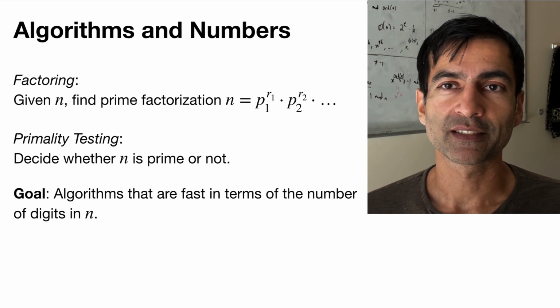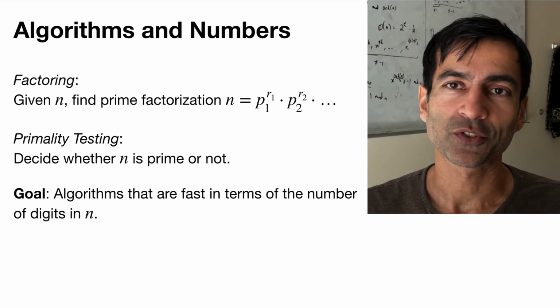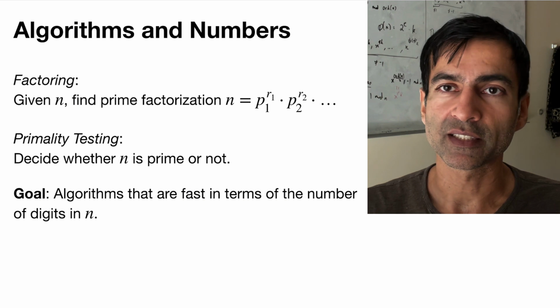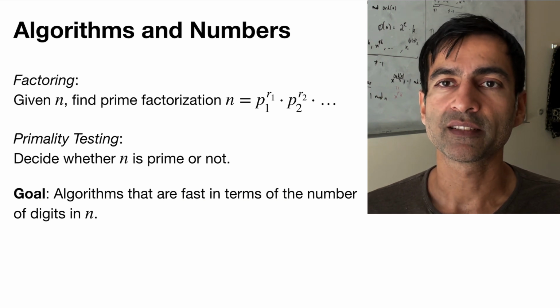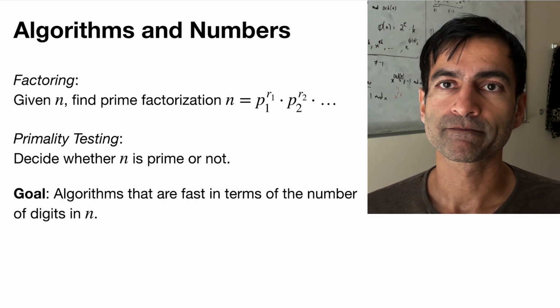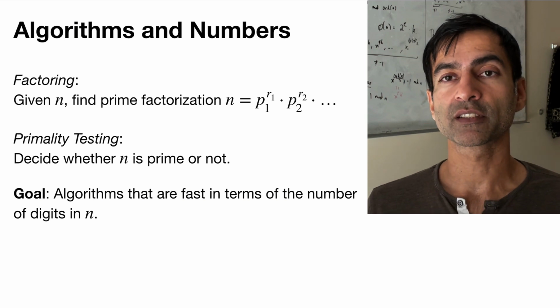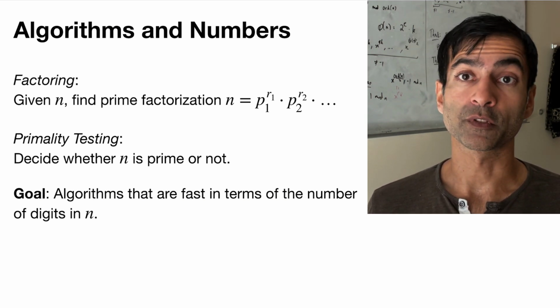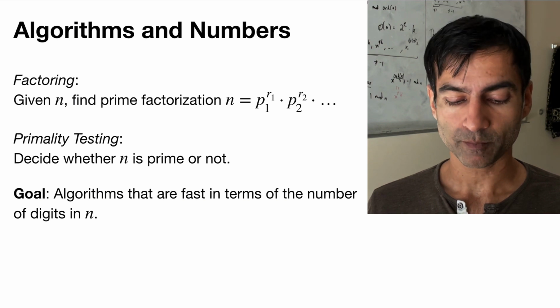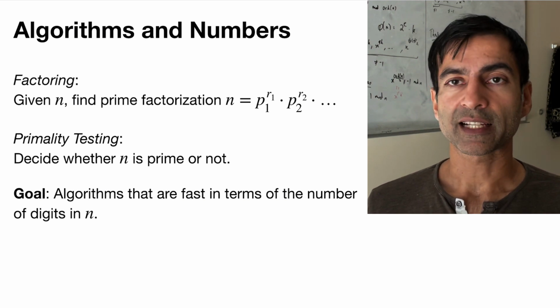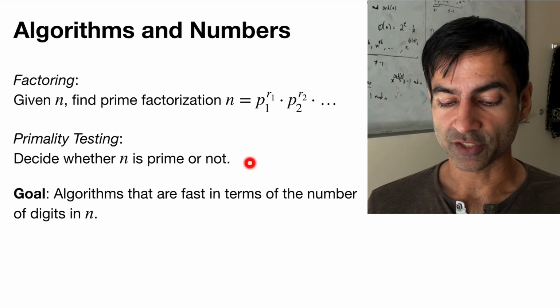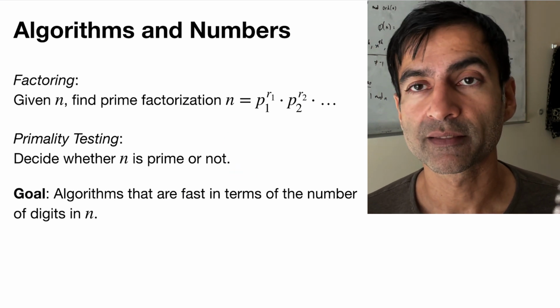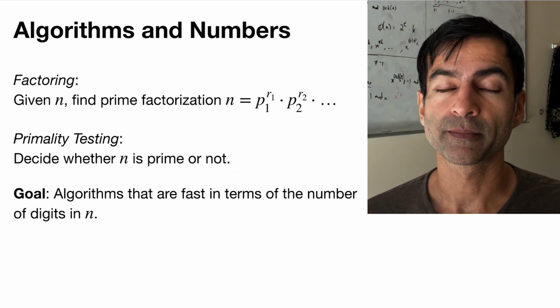So there is the naive algorithm which tries to divide n by 1, then 2, then 3, then 4. This algorithm is not efficient, because it takes an exponential number of steps in terms of the number of digits of n. A second problem is to just check whether n is prime or not. And this is an easier problem than factoring.